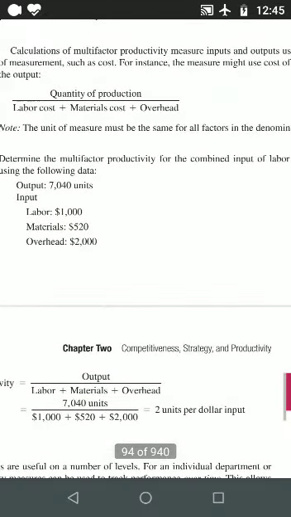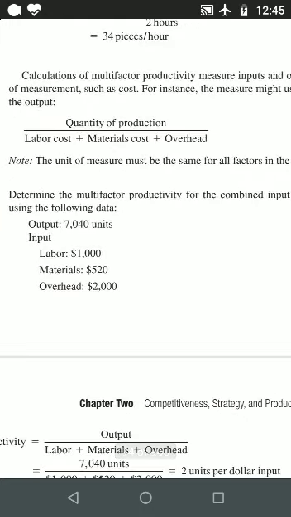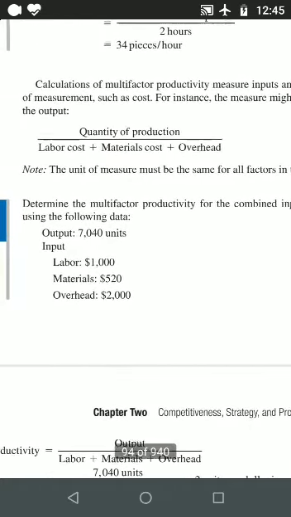So let's take this example. Determine the multi-factor productivity for the combined input of labor, material and overhead using the following data. So friends, here the output is 7040 units and there are three factors given as the input in this problem: labor, material and overhead. And you can see here, labor is not in numbers.